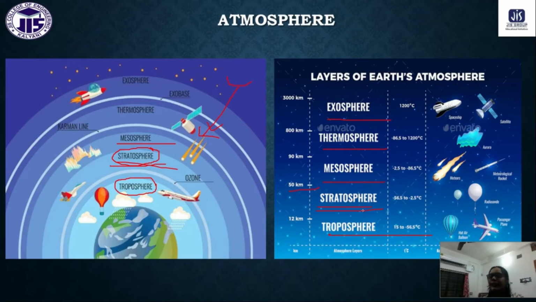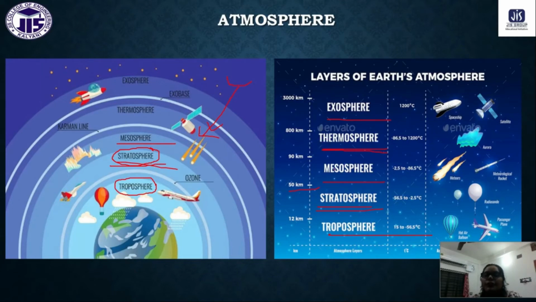After the stratosphere, we have the mesosphere, which extends up to 90 kilometers. In the mesosphere, as we go upward, the temperature will decrease again, like the troposphere. After the mesosphere, we have the thermosphere.